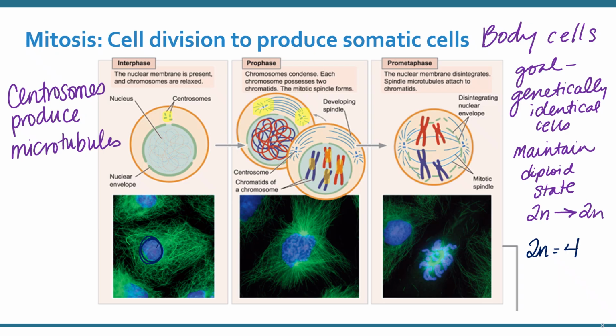As we move into our next phase, pro-metaphase, our chromosomes are going to continue to condense a little bit more. We've got those spindle fibers, mitotic spindle on either side, and we've got a couple of things going on with the microtubules.